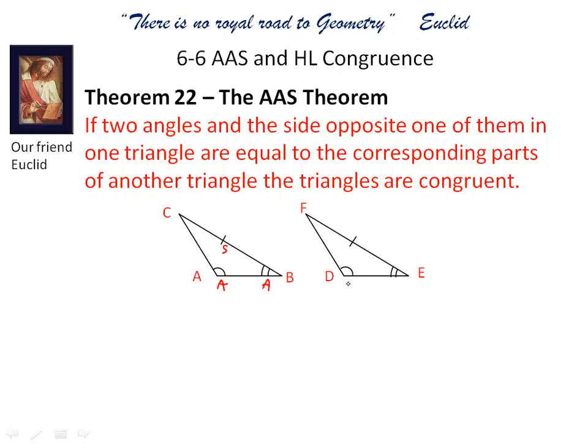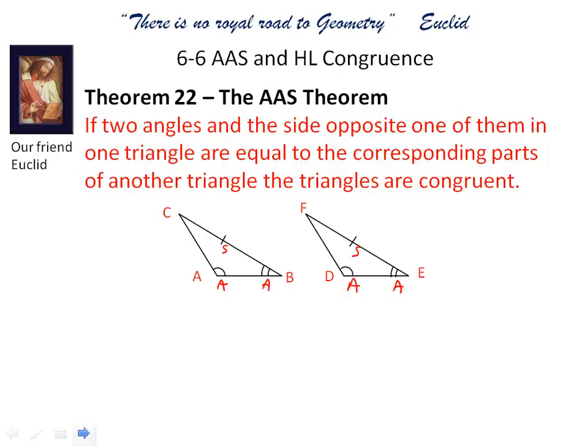Alright, and here is an angle, here's an angle, and here's the side opposite one of them. So obviously it doesn't matter which of the 2 angles it is the side opposite of, just so it's the side opposite of one of them. Alright, so that's the angle angle side theorem.